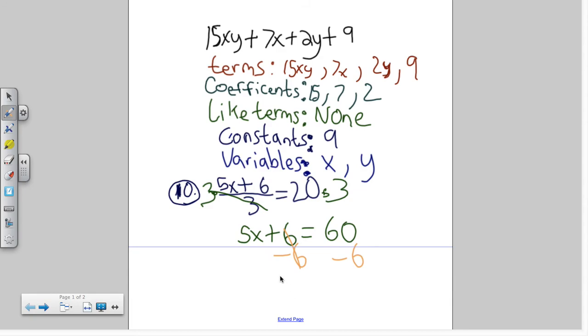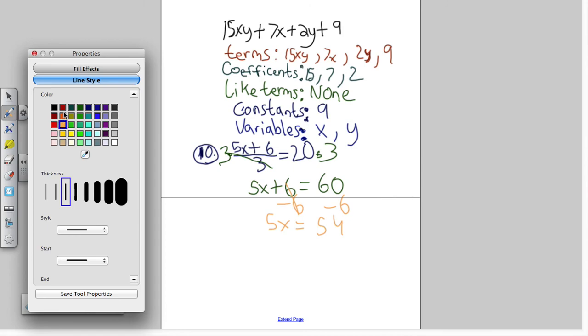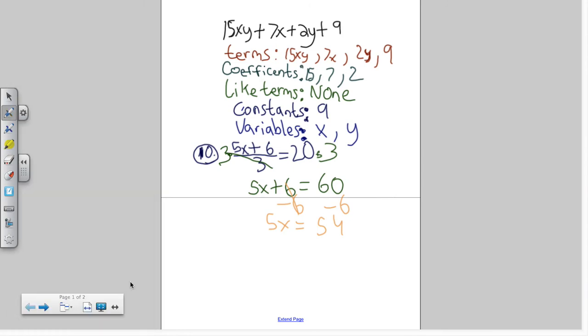This simplifies to 1. So 5x equals 54. Finally, I divide by 5 on both sides, which gives me the answer 10.8, which is letter A.